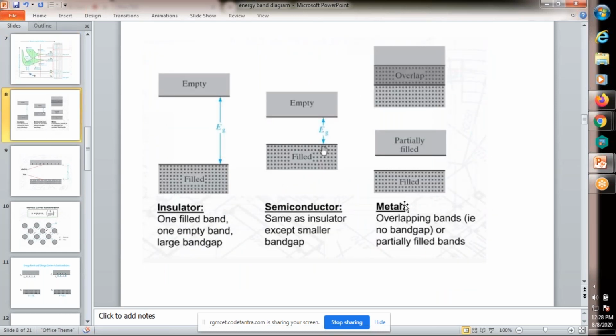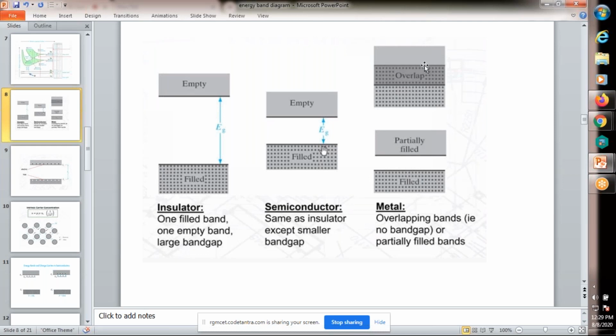Now coming to the metals. Metals have overlapping bands, that is, no band gap energy, or partially filled bands. In one case of metals, there is this type of behavior. What is this behavior? Here there is overlap. You cannot distinguish between the conduction band and the valency band.